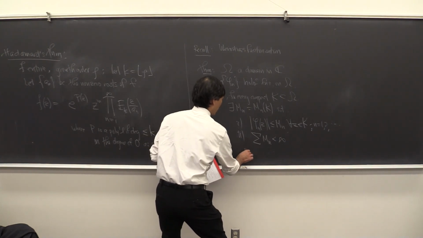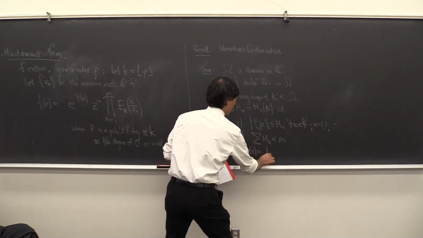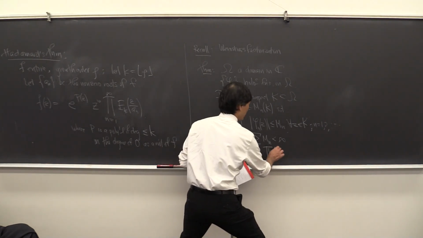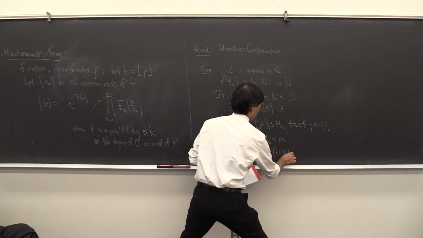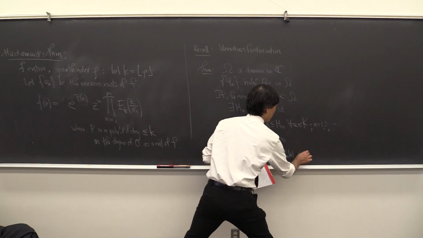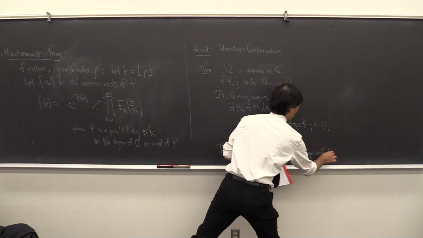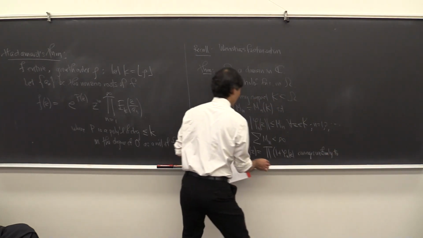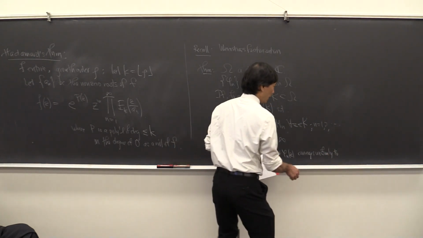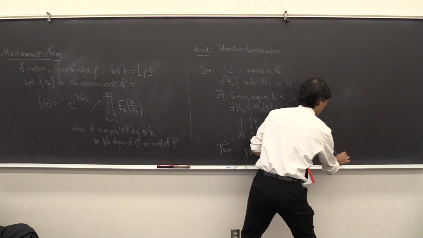Then the infinite product of 1 plus the phi sub n converges uniformly to a holomorphic function.